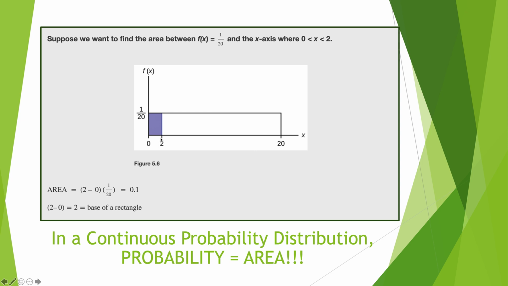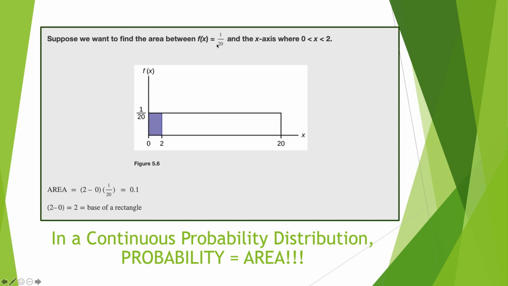So the area is the length times the width. Now the width is 1/20th. That's not going to change. But the length is going from 0 to 2. So the way we find length is we do 2 minus 0. So that length, 2, multiplied by 1/20th makes 2/20ths, which if you take your handy dandy calculator and you do 2 divided by 20, you will get 0.1.